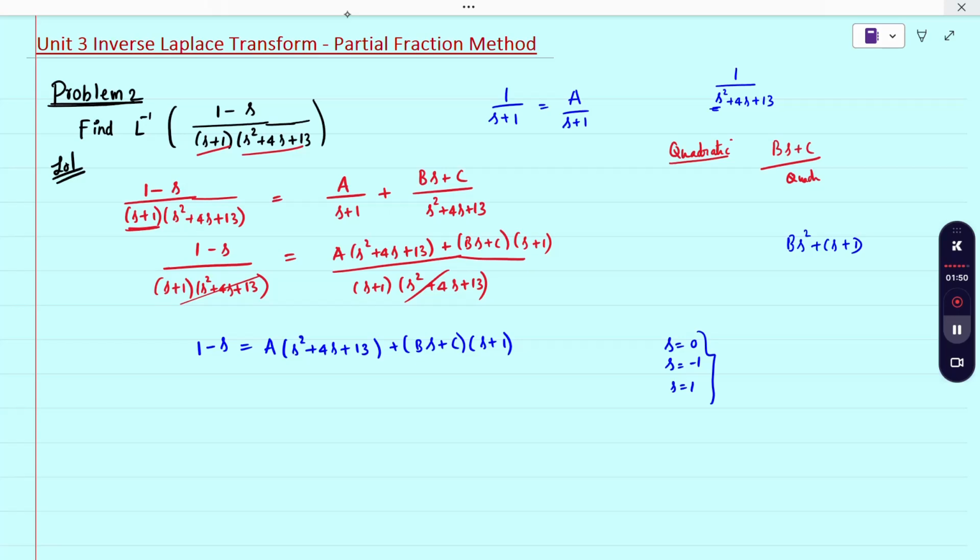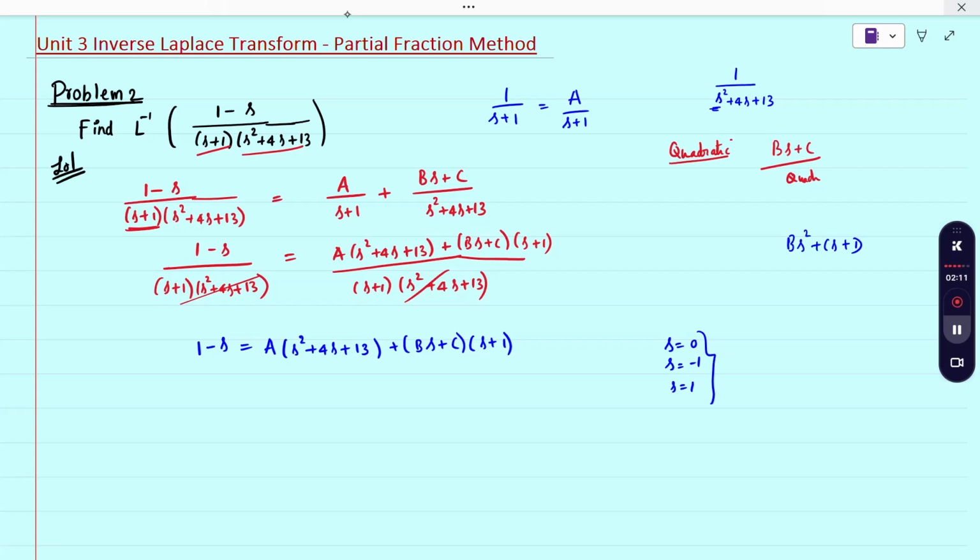That way I may get a solution directly, or I may get two equations to solve for the coefficients a, b, c. I did that method in my previous video. Now I am going with another method, called the coefficient method.